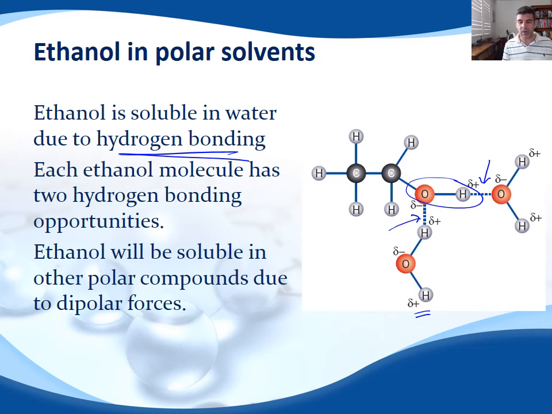Each of the ethanol molecules has two hydrogen bonding opportunities, and you can see where they are, one off the hydrogen and one off the oxygen. And therefore, ethanol will be soluble in other polar compounds due to these dipole-dipole interactions and the specific examples of hydrogen bonds in this case.